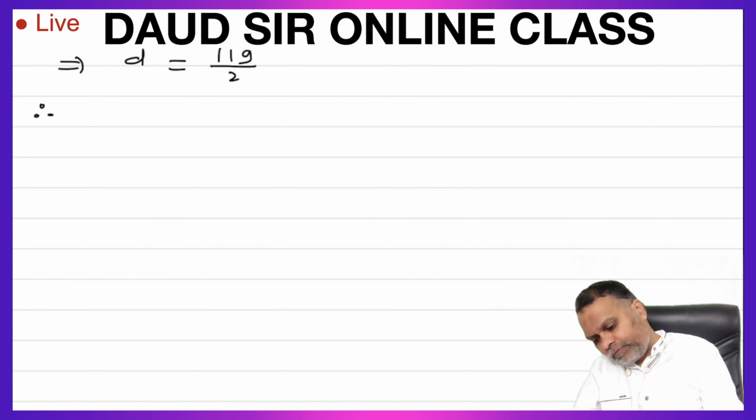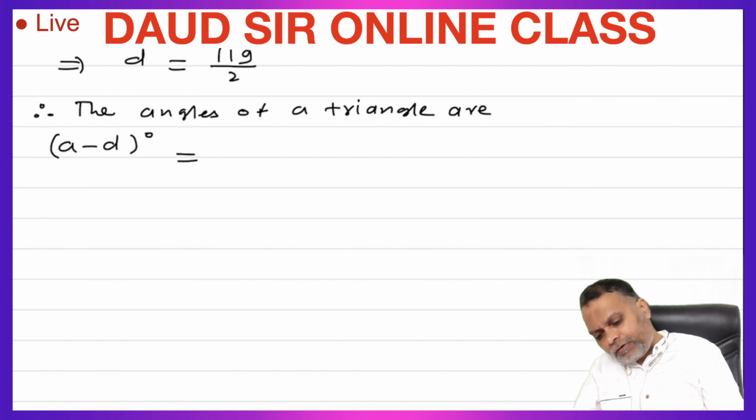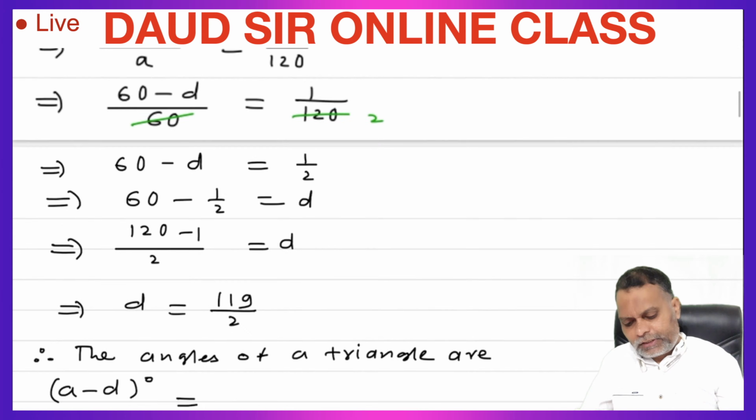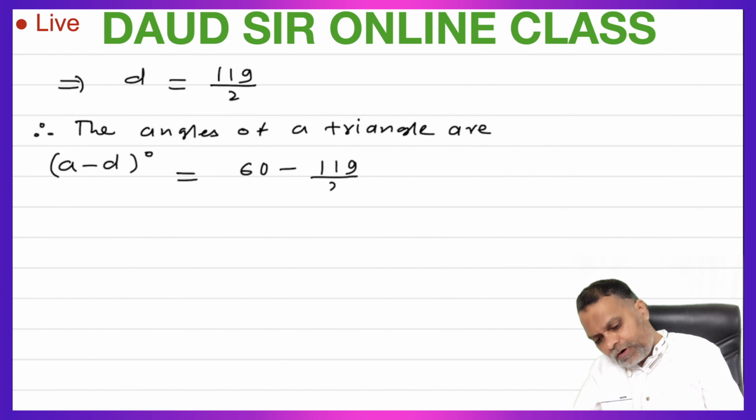Therefore, the angles of a triangle are A minus D degree. A is equal to 60, D is equal to 119 upon 2 degree.